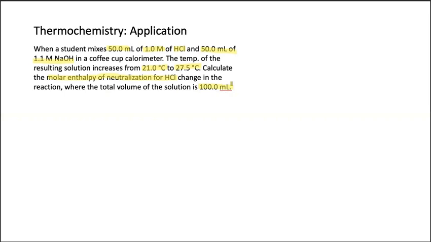Okay, seems like there's a lot of information, but it should be easy. So we need to list out everything that we have. HCl, hydrochloric acid, and NaOH, sodium hydroxide.